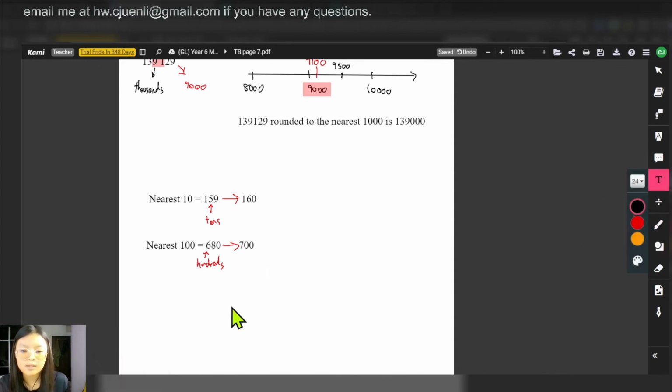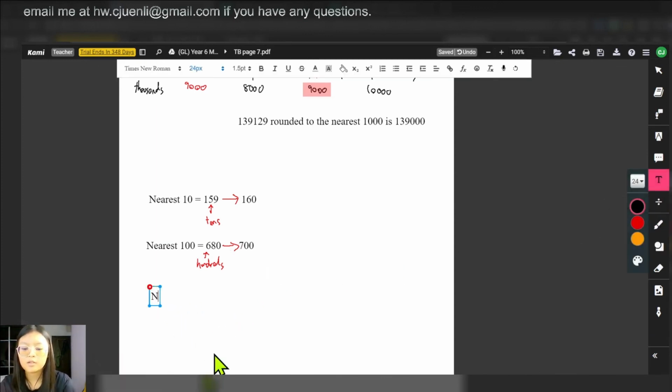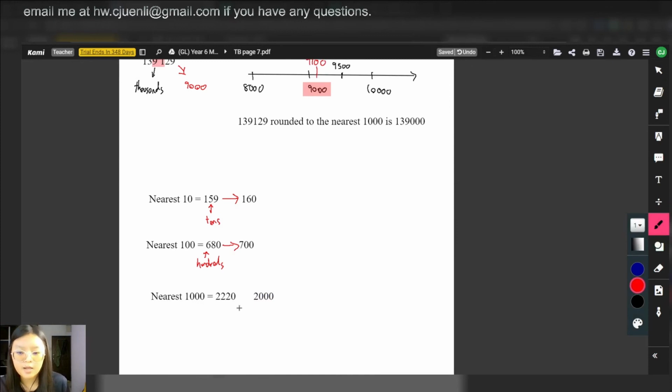Whereas this last one, you can write down over there, nearest 1,000. Let me give you a number which is, right, your answer would be 2,000. Why? Because 2,220 is basically nearer to 2,000 because we are going to just focus on the thousands over here.